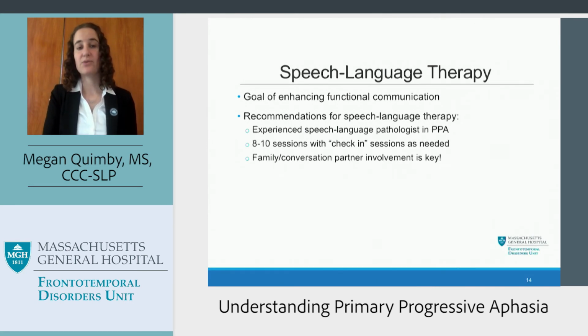And a really important part of the therapy is having a family member or a care partner in with the patient during the speech and language therapy sessions, because the patient is figuring out different ways to communicate more effectively, but the care partners and the communication partners are also developing new ways of communicating as well.